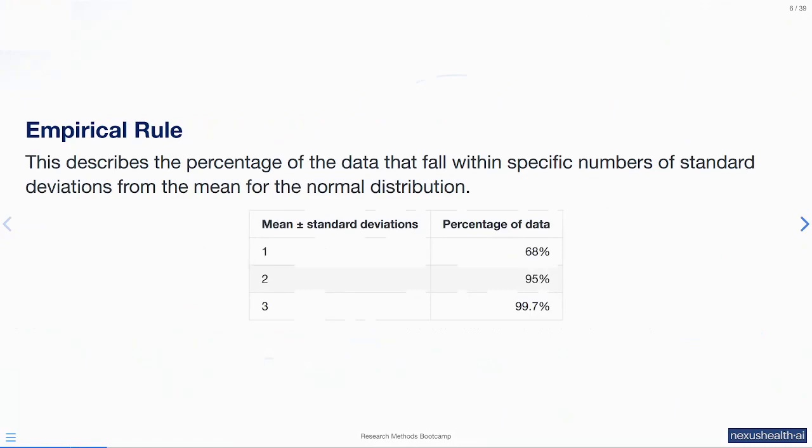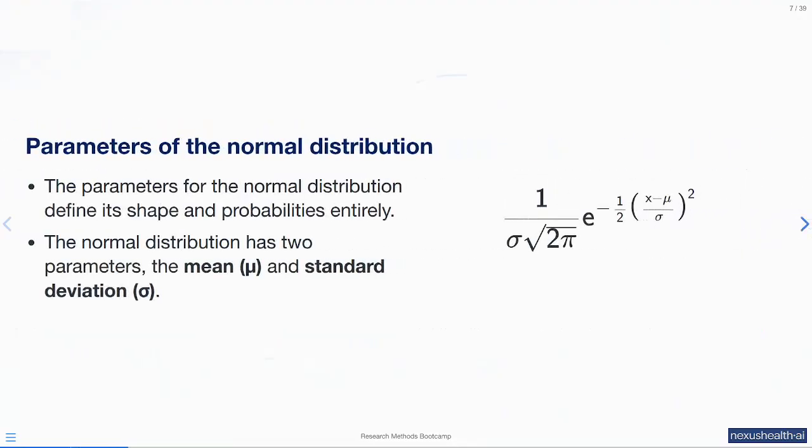If we look at the range of two standard deviations, plus or minus the mean, we will expect to find 95% of the data occurring within that range. If we extend to 3 standard deviations on either side of the mean, 99.7% of the data is going to fall within that range.